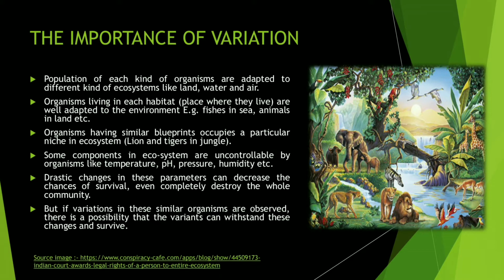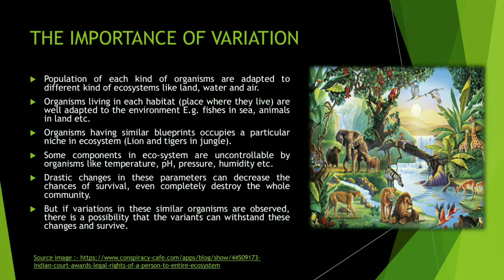Now, each organism in a habitat, or in a niche in an ecosystem, has similar blueprints. Like in the case of cats, cat is a family, and in the family of cats we have lion, tiger, panther, cheetah, and so on, and those are adapted to the niche of forest or grasslands.